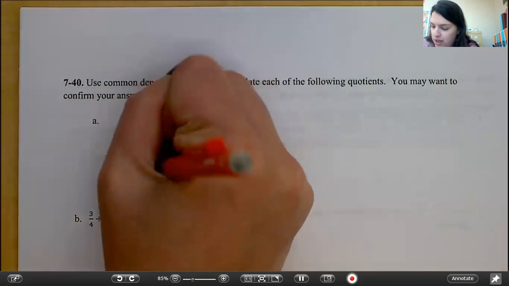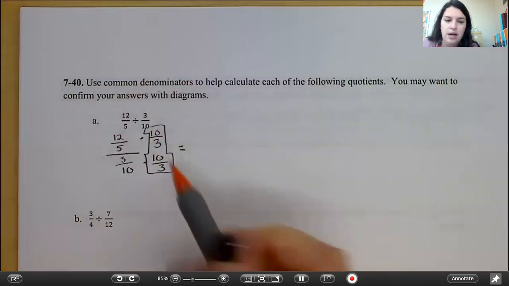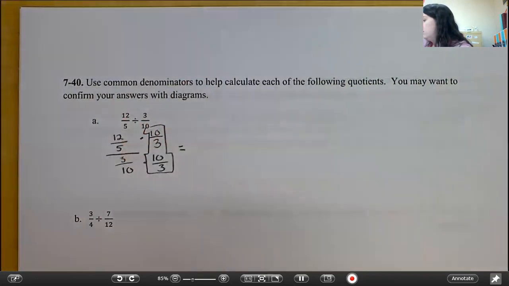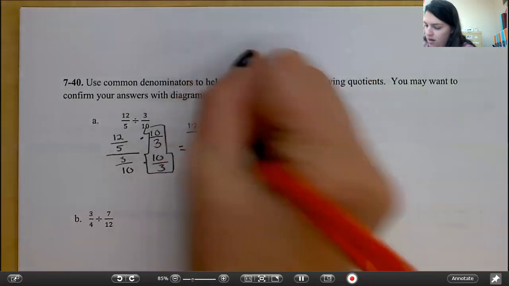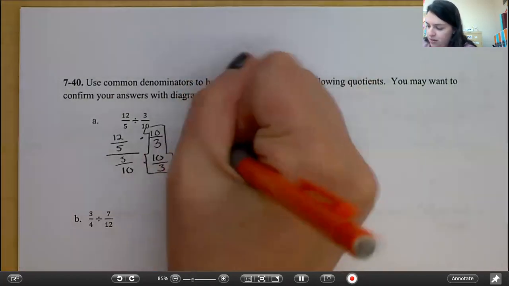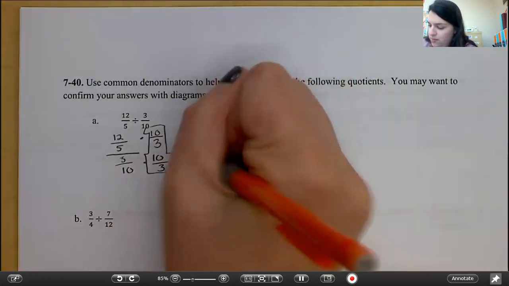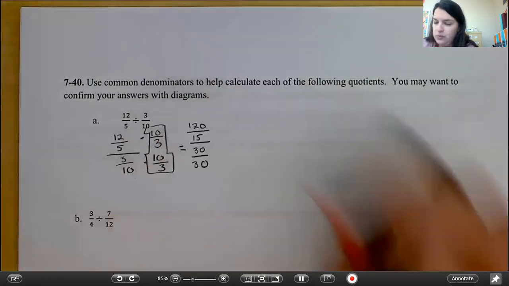So we are multiplying by 10/3, which is the super giant 1. Now we just multiply across. 12 times 10 is 120. 5 times 3 is 15. 3 times 10 is 30 over 10 times 3, which is 30.